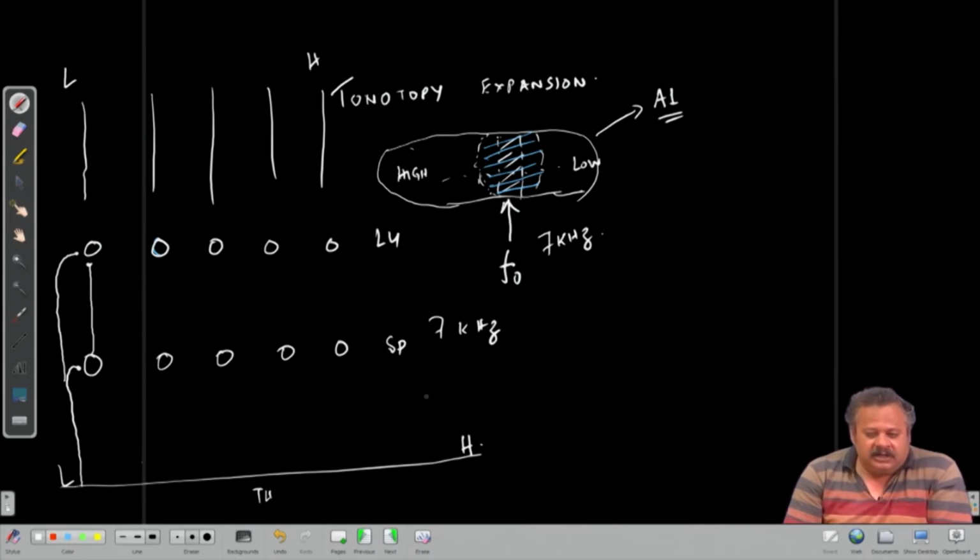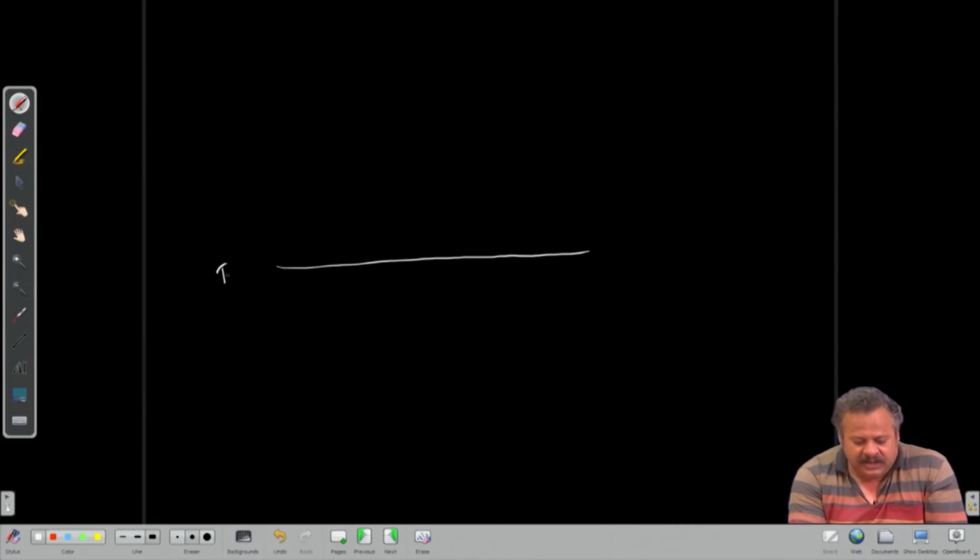But additionally, if we now keep convergence and divergence. So, what I mean by that is that now we will go into a more abstract way of representing it. This is the thalamus layer, this is the subplate layer, this is the layer 4 layer.